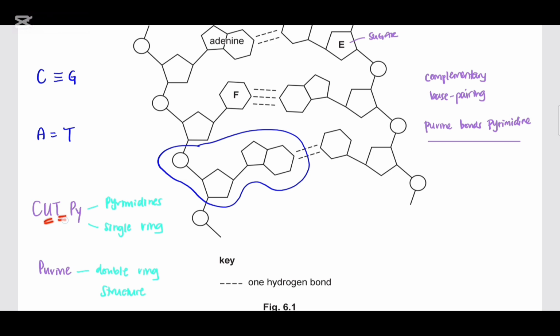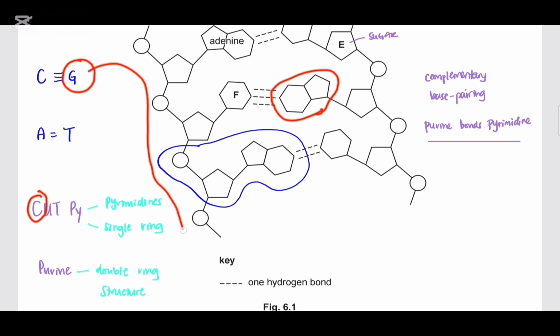In this case, it can only be cytosine. Instead, the next one here can be guanine because it has a double ring structure. So this is a purine, this is a pyrimidine: this is a single ring, this is the 2 ring structure.